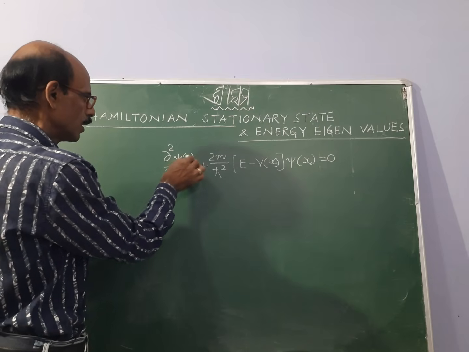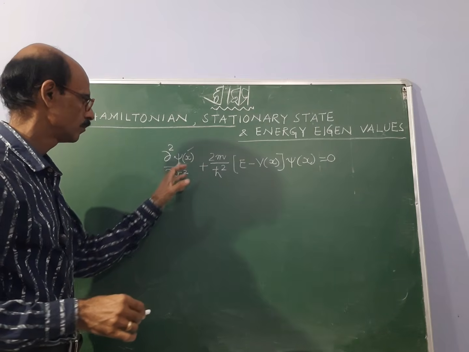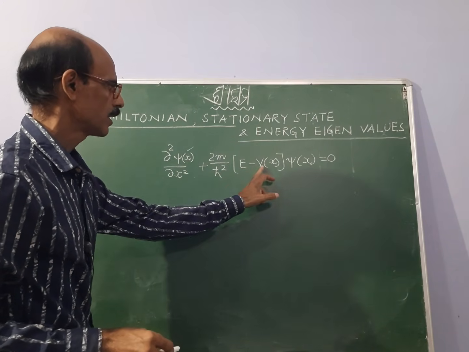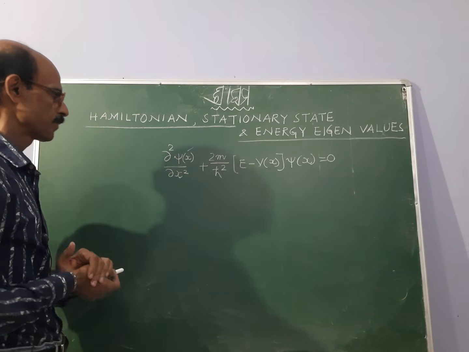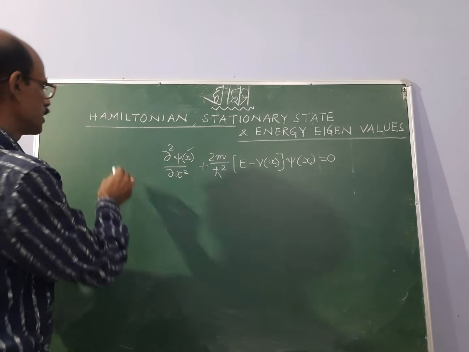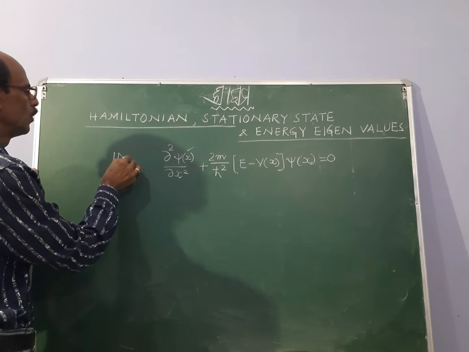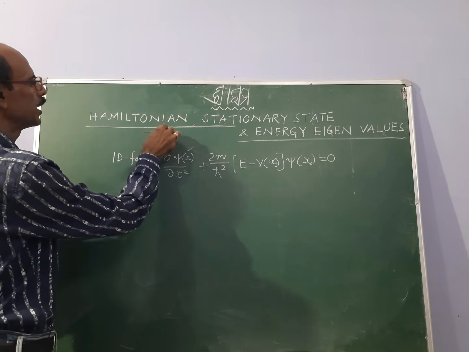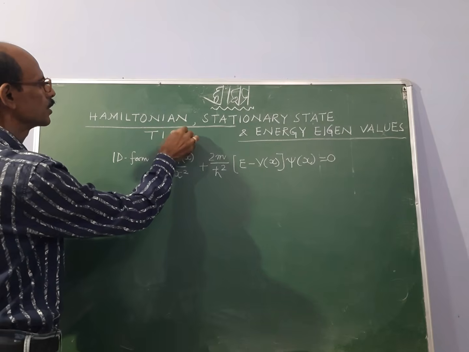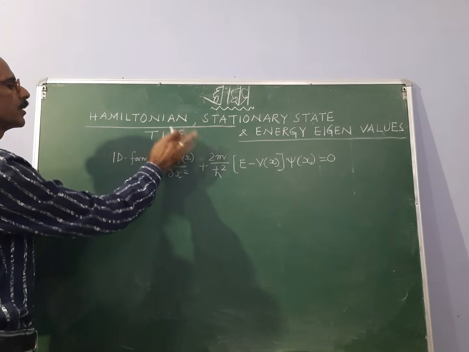Here the potential energy is a function of position only. This is the one-dimensional form of the time independent Schrödinger equation.